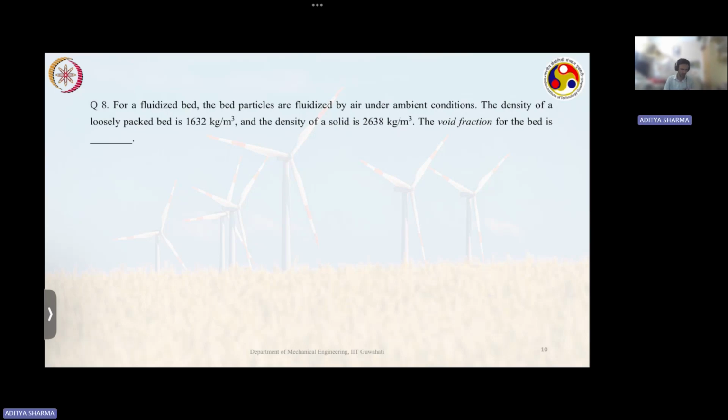So this question number 8 is a numerical answer type of question. Please read the question.